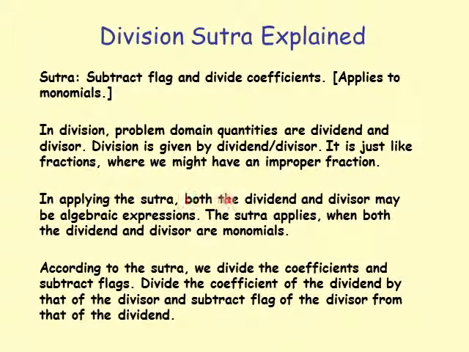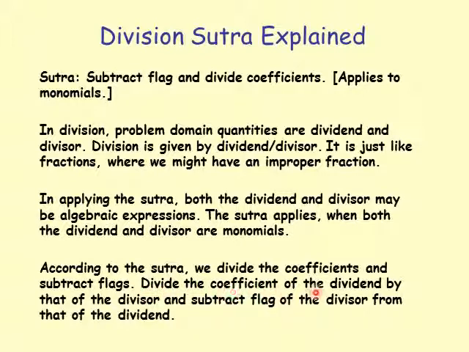In applying the sutra, both the dividend and divisor may be algebraic expressions. The sutra applies when both the dividend and divisor are monomials, which means they consist of a single term. According to the sutra, we divide the coefficients and subtract flags.